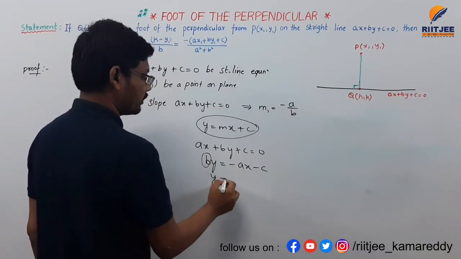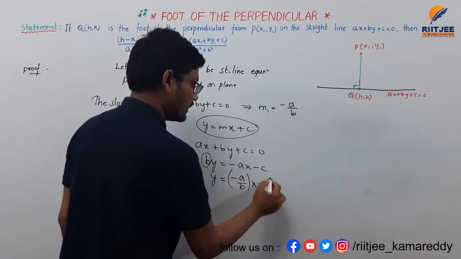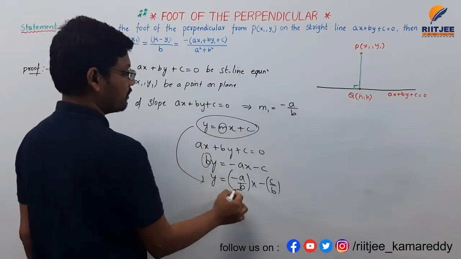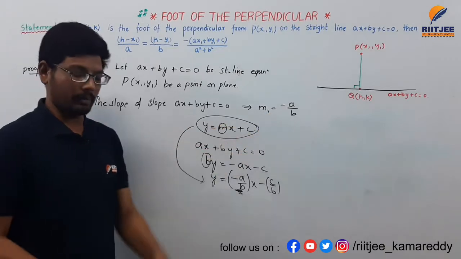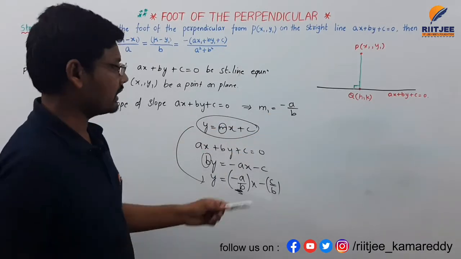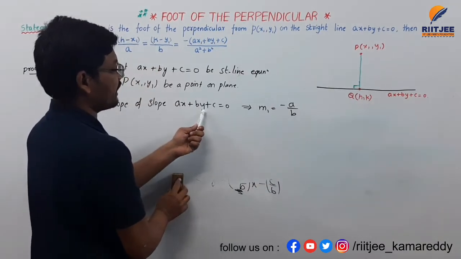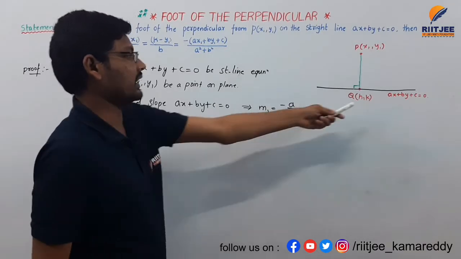Sending b to the right hand side, y is equal to minus a by b into x minus c by b. If you compare this equation with y is equal to mx plus c, in place of m we have minus a by b. So that's why I am writing m1 is equal to minus a by b. This is a shortcut, in shortcut way we can write minus of a by b. This is the process to find the slope of this straight line.